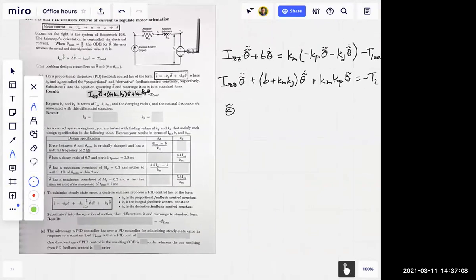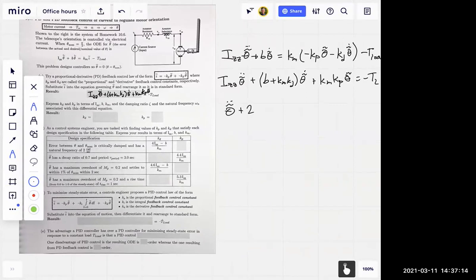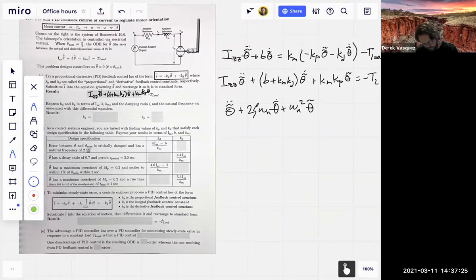Can you tell me what it is? Plus 2 zeta omega n theta tilde dot plus omega n squared theta tilde. That's right.